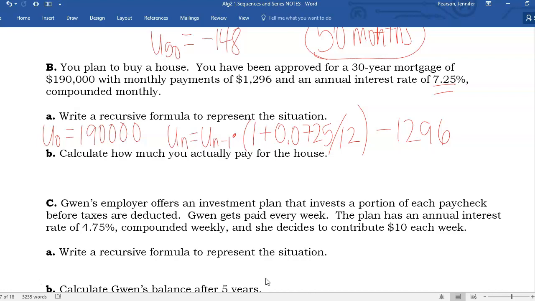Instead, I want to talk about what the total cost of this loan is. So calculate how much you actually pay for the house. That means I'm going to be making this payment every single month for 30 years. So if I pay $1,296 every month for 30 years, that's going to tell me how much my $190,000 mortgage actually cost me.